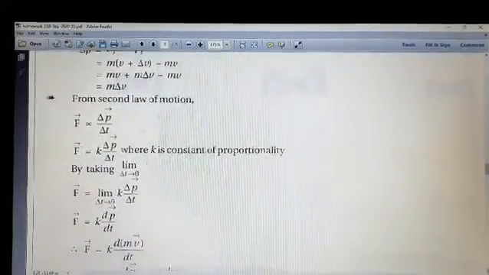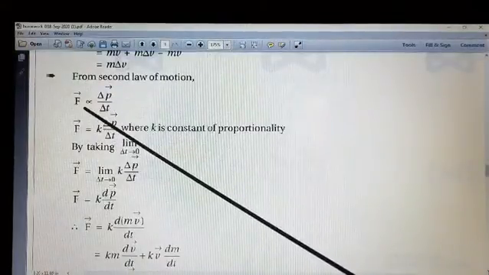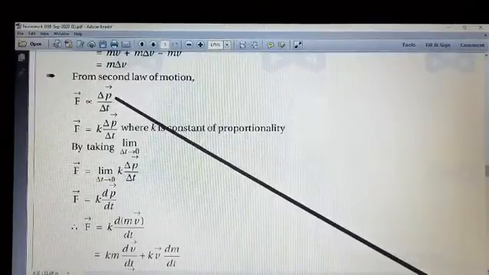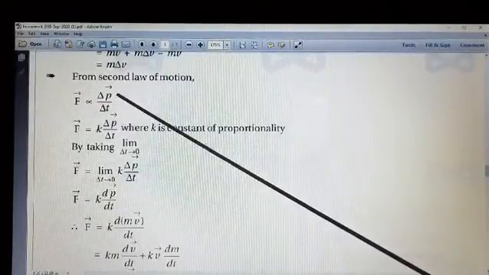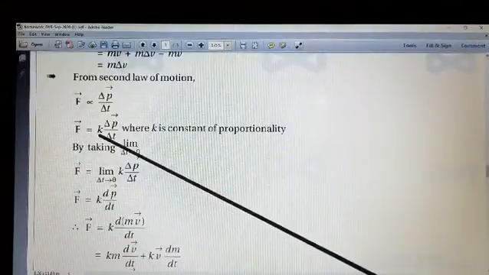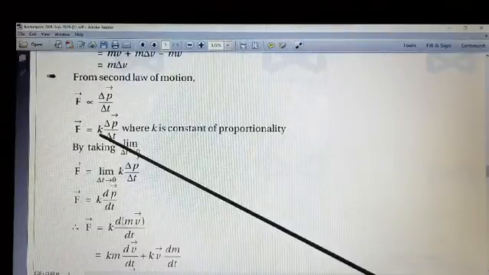According to Newton's second law of motion, force is directly proportional to the change in momentum. Means F is directly proportional to delta p upon delta t. Vector F is equal to k delta p upon delta t, where k is a constant of proportionality.